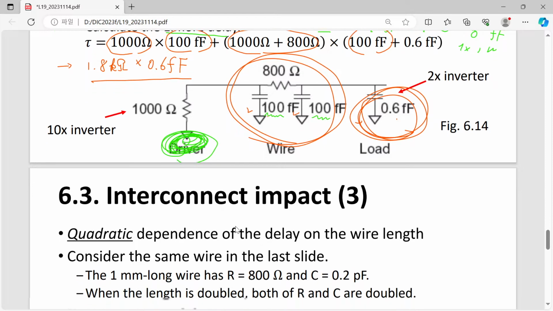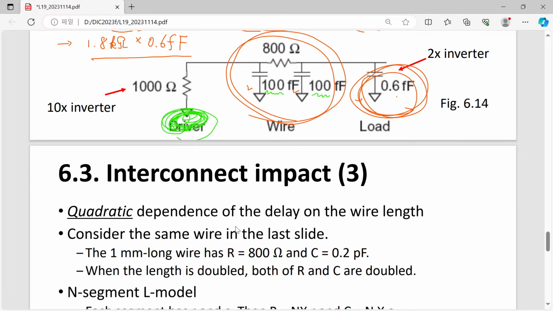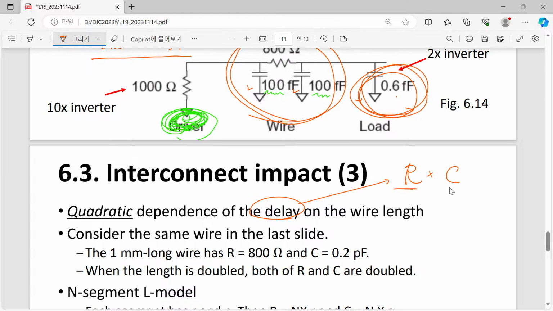And we have an even worse consequence: the delay given by the product of R and C of our metal wires increases quadratically with the wire length.